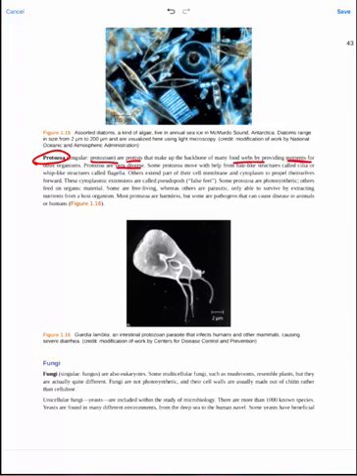Protozoa are very diverse, all over the place. They are very, very different from one another. Some protozoa can move with the help of hair-like structures called cilia. If you remember back from basic biology, cilia are little tiny hairs around a cell and allow it to push fluid by it using these little hairs in a motion.